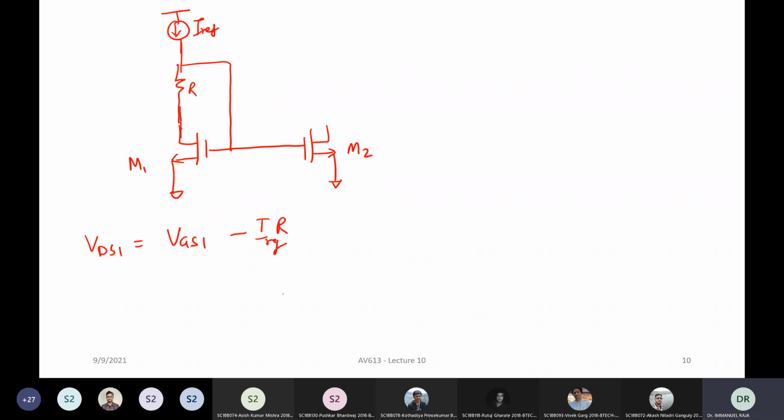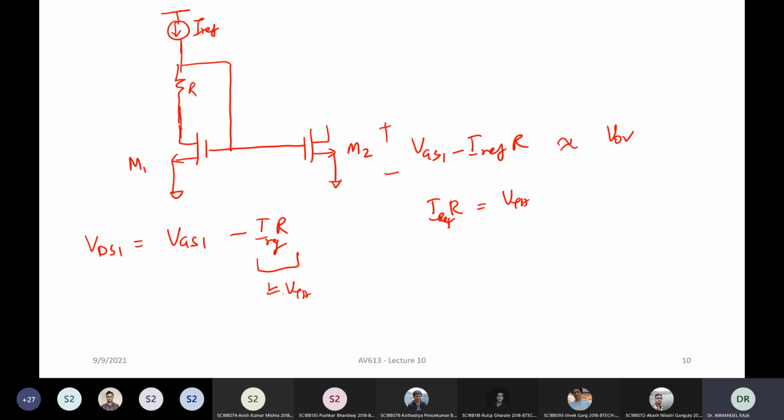Now, if I select this IREF times R quantity to be equal to, let's say, close to the threshold voltage, what will happen? I don't need VGS1 here. All I need here is VGS1 minus IREF R. And if I make this IREF times R equal to the threshold voltage, this becomes literally equal to the overdrive voltage. Correct?